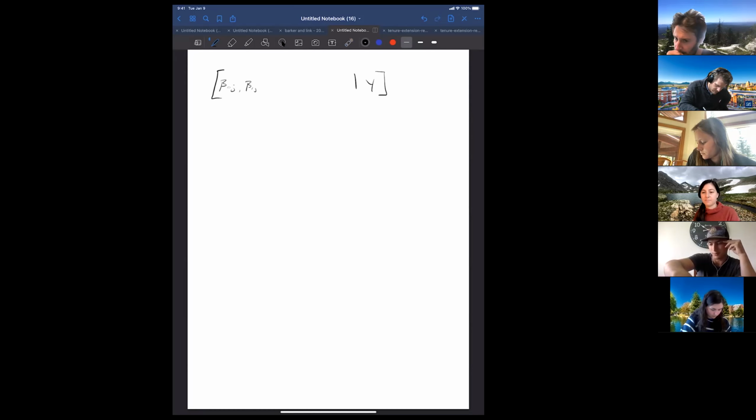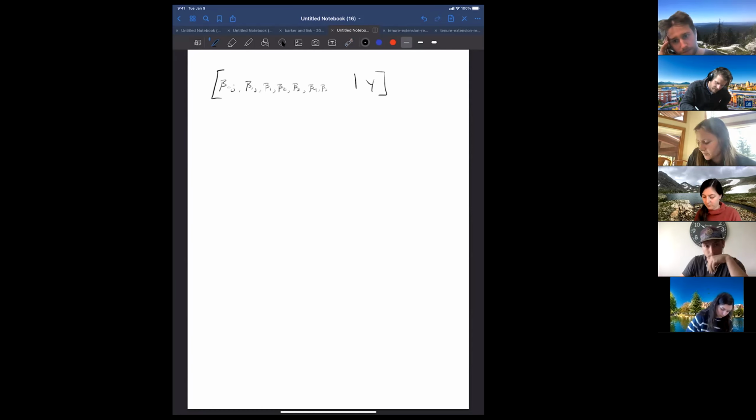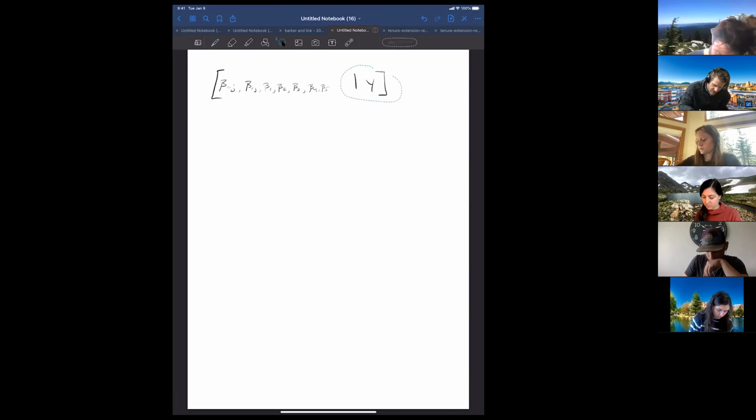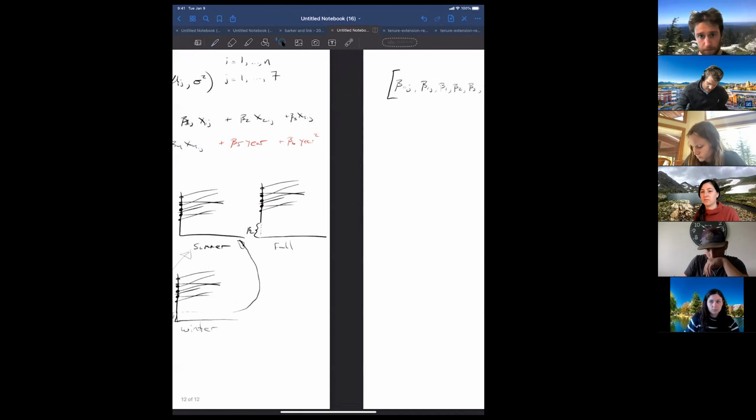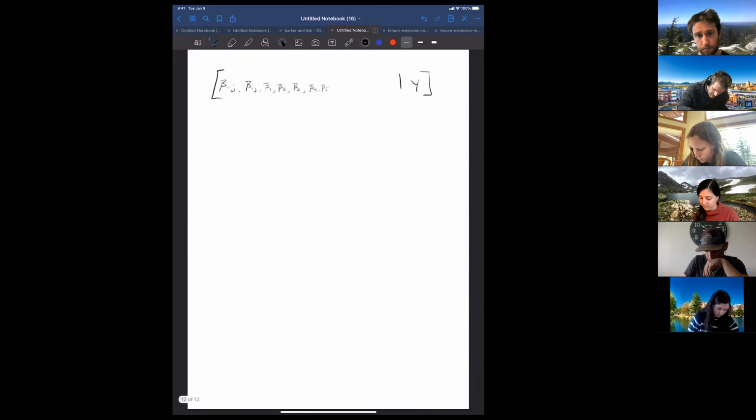So beta 1 through beta 5. Would we include the hyperparameters in this too? We can always leave the hyperparameters off here, and they're just implicit in there. Yeah, good question. We'd probably throw beta 6 in there too. Yep, beta 6, I missed that one.